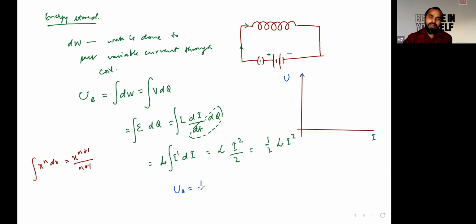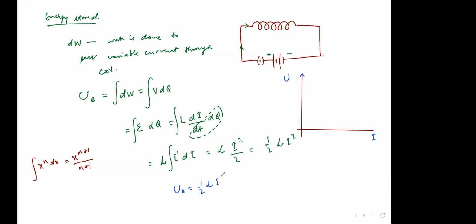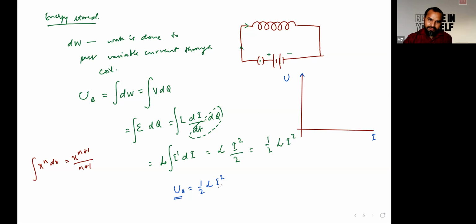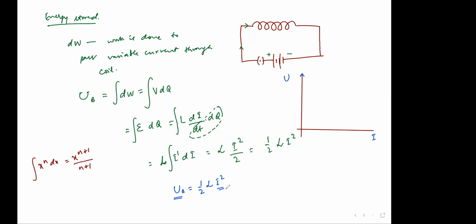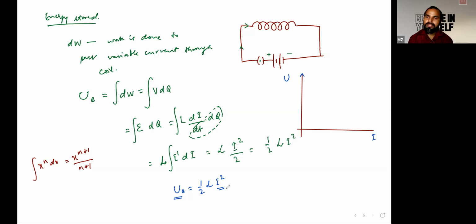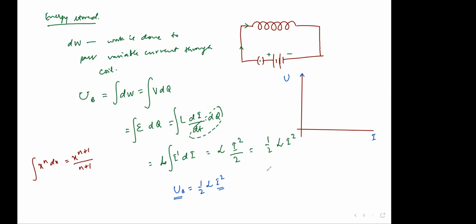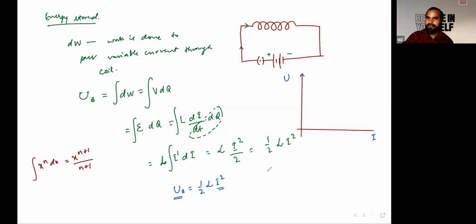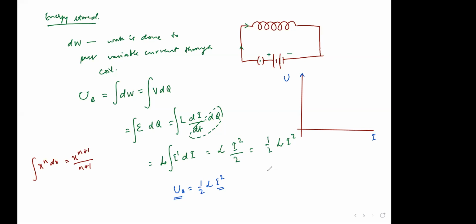Potential energy equals half L I squared, so just relate this function and that function. Here we have exponent 1 and here we have exponent 2. So the nature of the curve would be a straight line or something else? Parabola. So it will be a parabola.